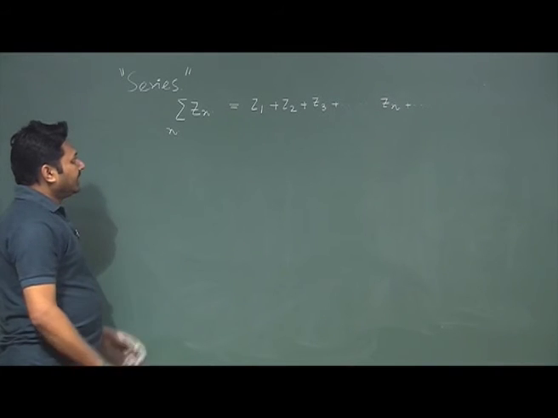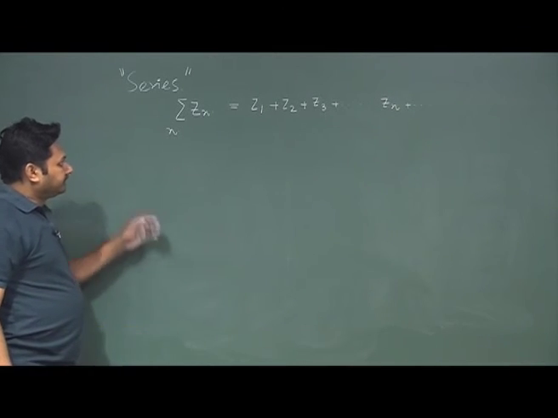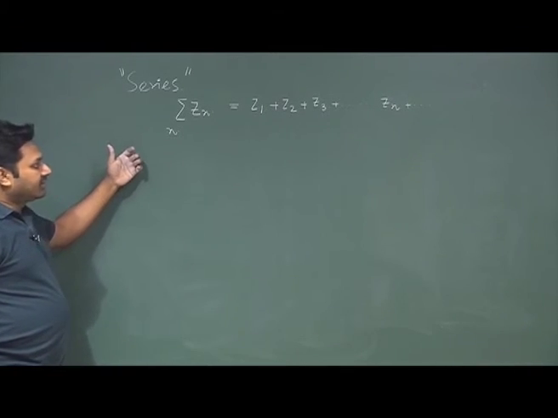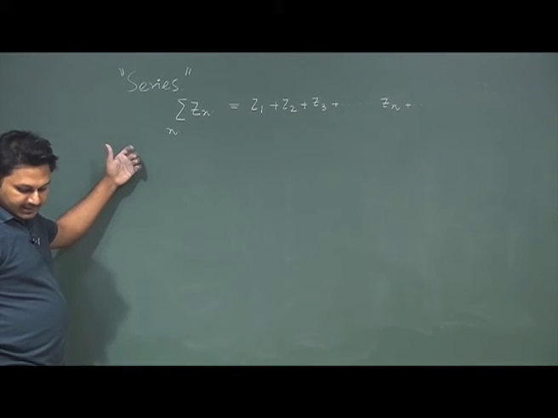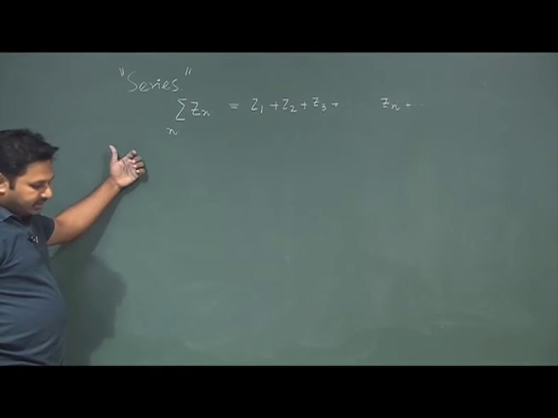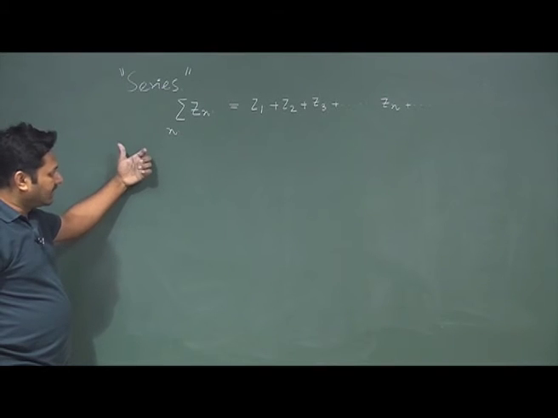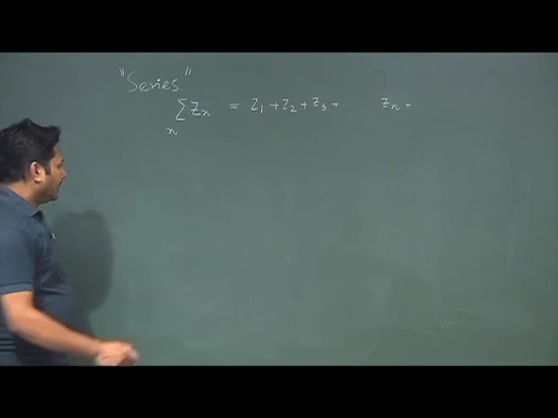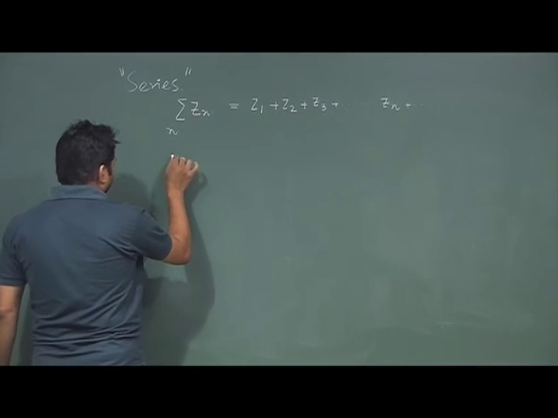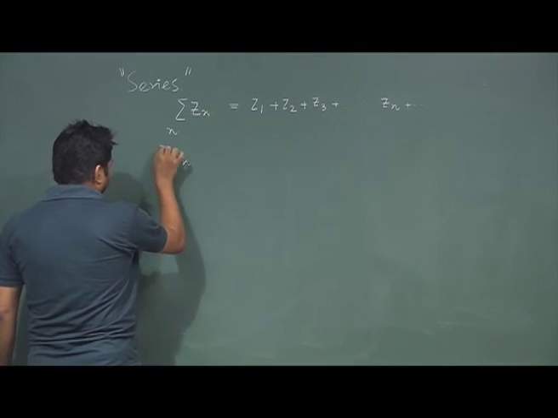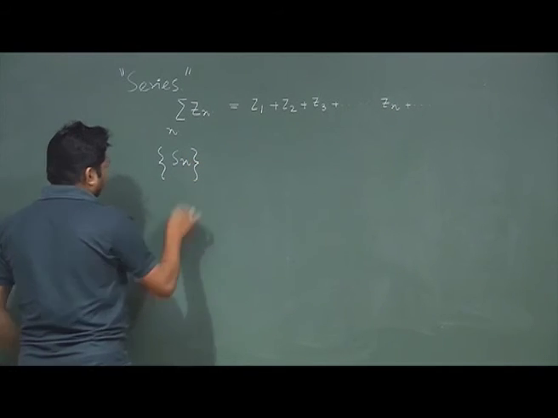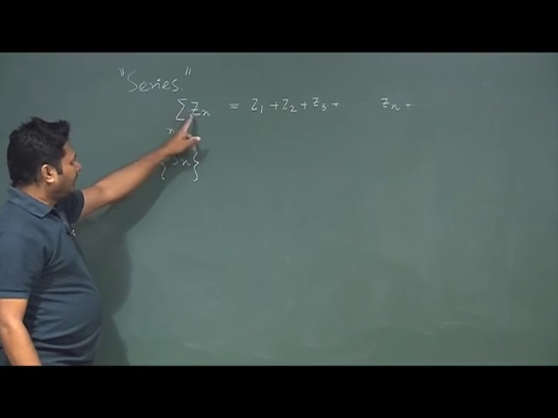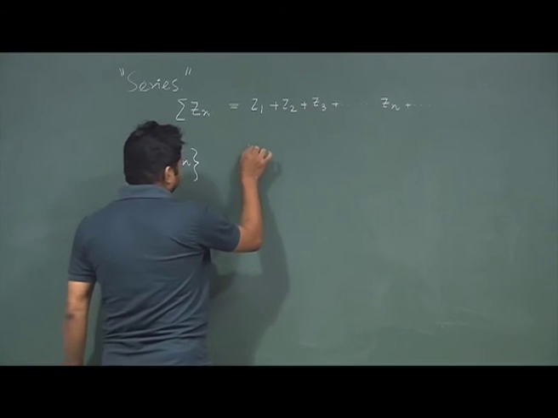And we call this the partial sum, and then if I take the sequence of the partial sums, I will have this. So, what is the sequence of the partial sum? What is the meaning of partial sum?